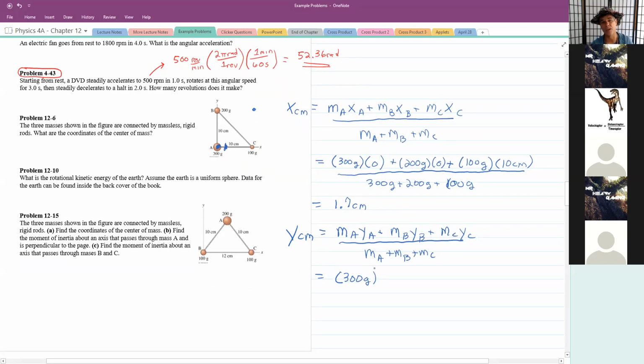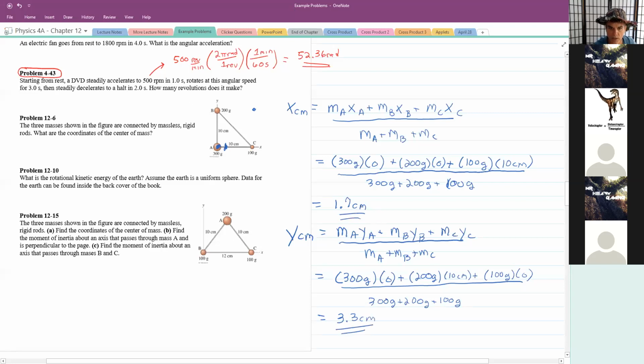Again, I've defined my origin to be where mass A is, so the Y value is 0, plus mass B, which is 200 grams. Its position is 10 centimeters in the Y direction, plus C, which is 100 grams, and its Y value is 0. Then I'm dividing by the total mass, 300 grams plus 200 grams plus 100 grams. If you do this calculation, you'll find 3.3 centimeters.